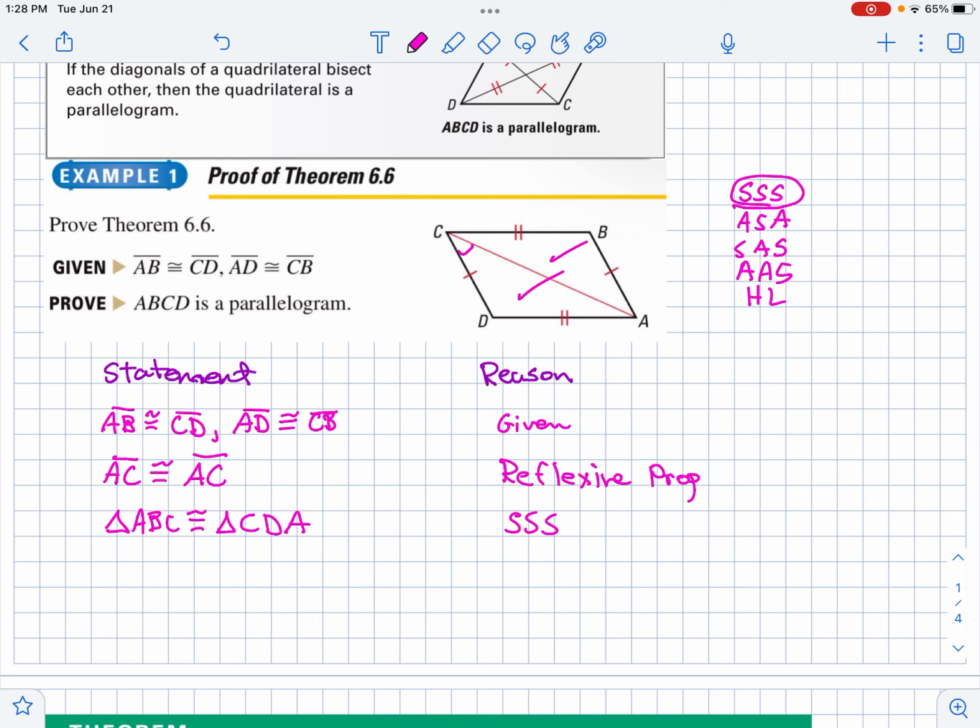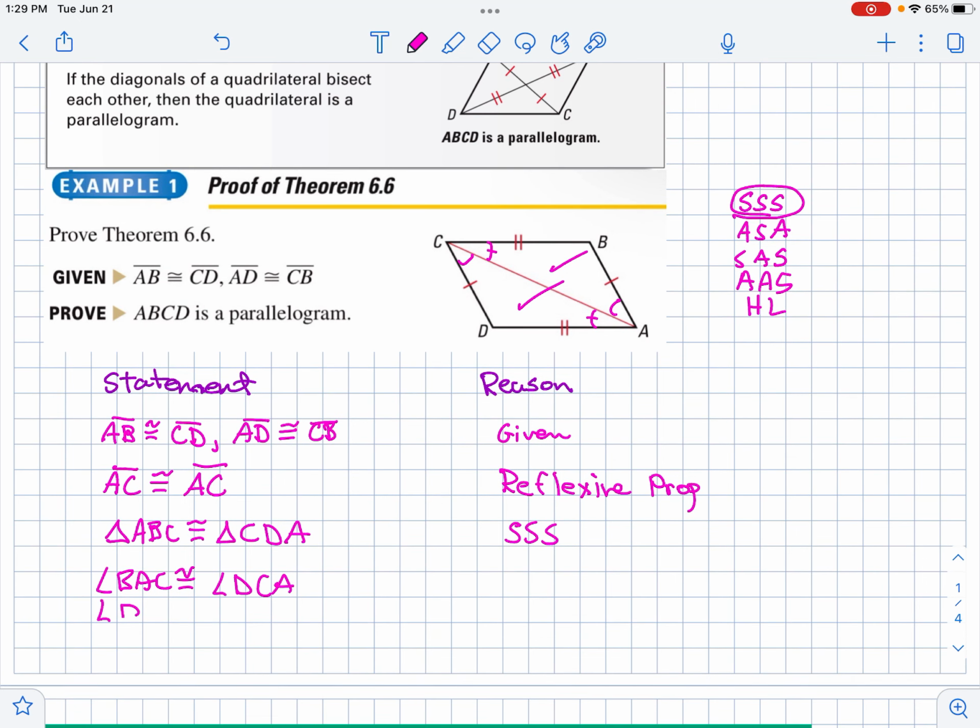We know that this angle is congruent to this angle, and we know that this angle is congruent to this angle. So I just need to state that. We've got angle BAC congruent to DCA, and then angle DAC is congruent to BCA.